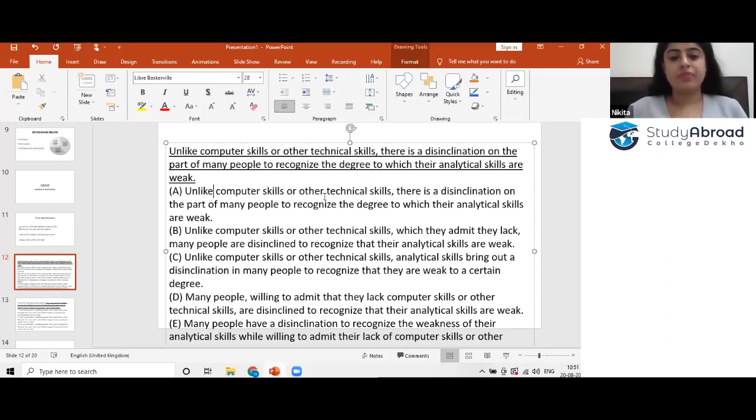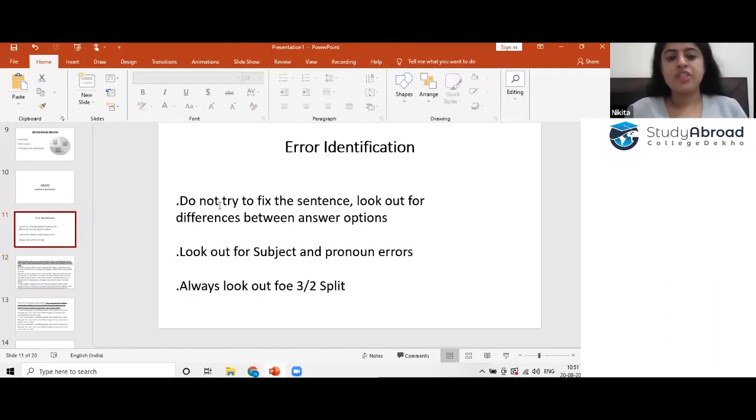All right. Coming back to the previous slide, we do not need to try to fix the sentence, but we are looking at the different options. Look out for subject and pronoun errors. This is the second point that we need to take care of. What do we mean by subject and pronoun errors?